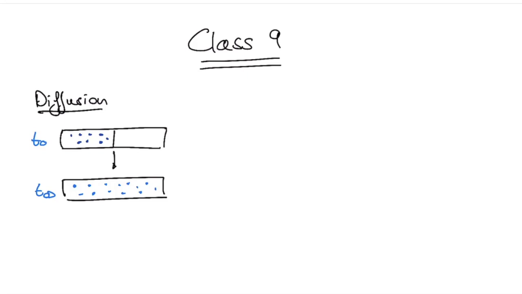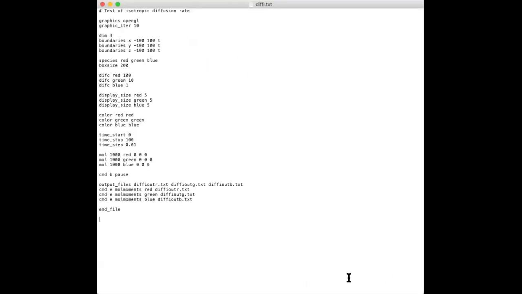So I'm going to show you again with Smalldyne how we can set this up. This is a very simple script using Smalldyne. So we say 3 dimensions, we make a box of size 100. We have 3 different species, red, green, and blue, and they have different diffusion coefficients. So red has a diffusion of 100, green 10, and blue 1.